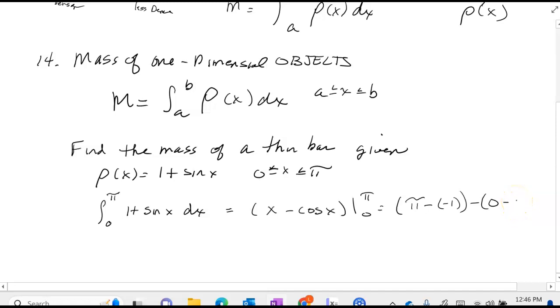Cosine of 0 is 1. So, yeah, we get pi plus 1 plus 1. And we're done. So the first set of problems are, I would say, pretty quick, just mass of one-dimensional objects.